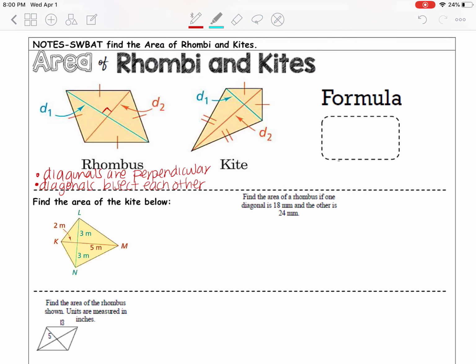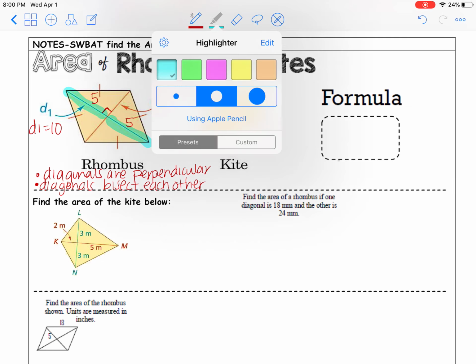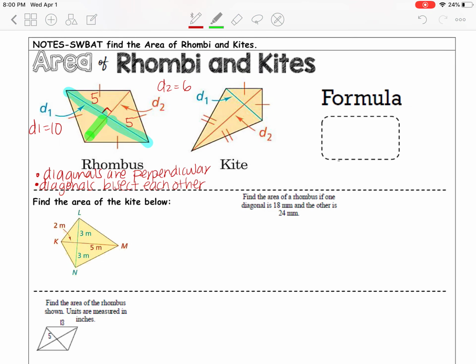So let's pretend that diagonal 1 is equal to 10 units. Diagonal 1 equals 10 units. So then we know that both of these parts of that diagonal will be equal to 5. Also, let's pretend that diagonal 2 is equal to 6, then both of the parts of this diagonal will be equal to 3.